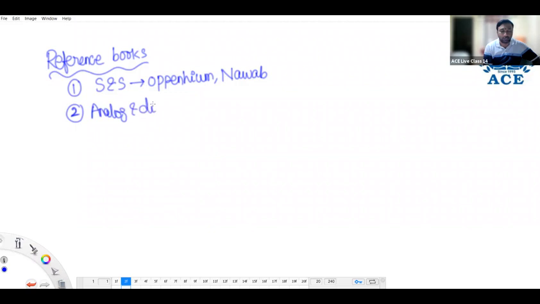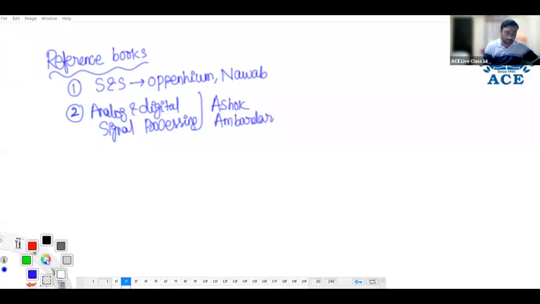If you want an easy book to understand, Analog and Digital Signal Processing by Ashok Ambardar. It is like a Chetan Bhagat novel. Very easy presentation on signals, and everyone will understand very easily.